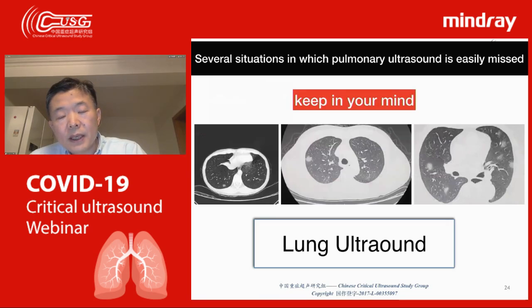So if you get a negative finding, and the patient has shortness of breath, fever, and very low oxygenation, you have to think about other things. First of all, maybe pneumothorax, or pulmonary embolism. But you should also think about central part consolidation, or even airway occlusion. So you have to keep in mind that ultrasound can sometimes give you misleading ideas.